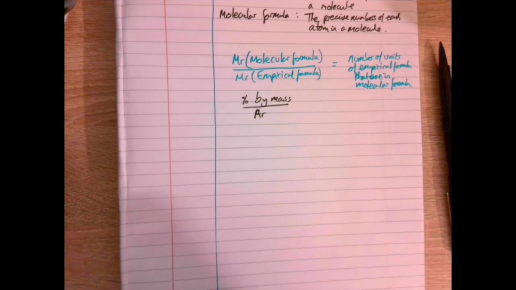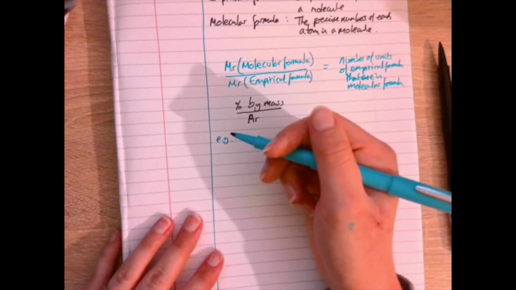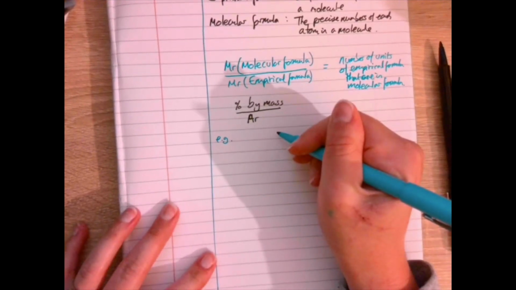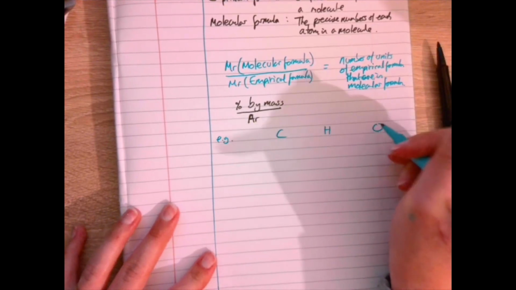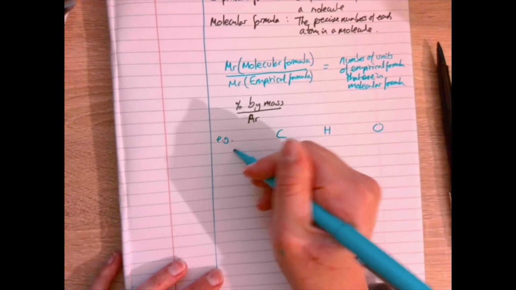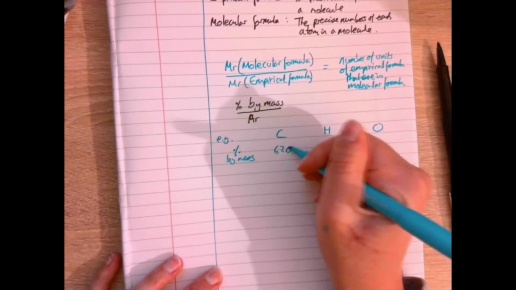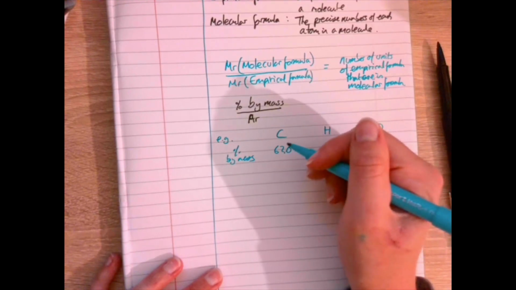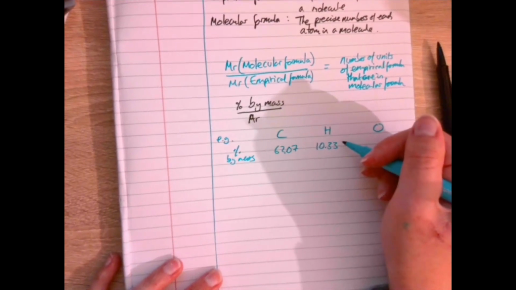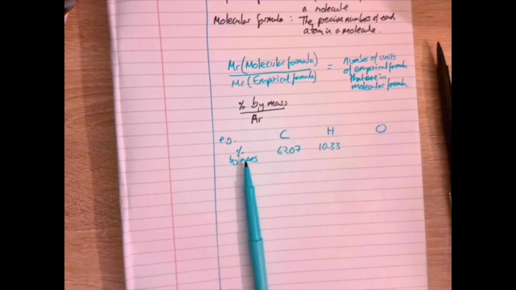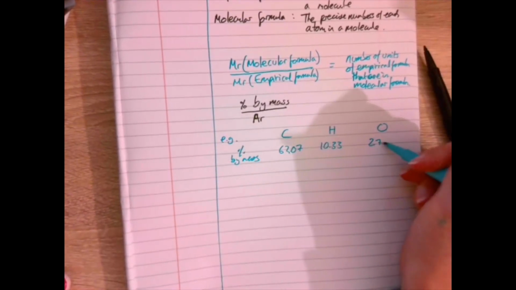This is easiest to understand if we look at an example. So taking one from the textbook, an organic compound containing carbon, hydrogen and oxygen has percentage by mass of 62.07% carbon and 10.33% hydrogen, and so then our remainder is going to be oxygen, which is 27.6.